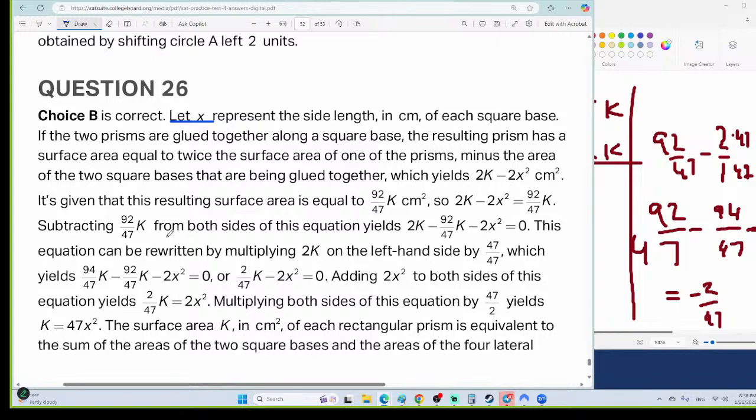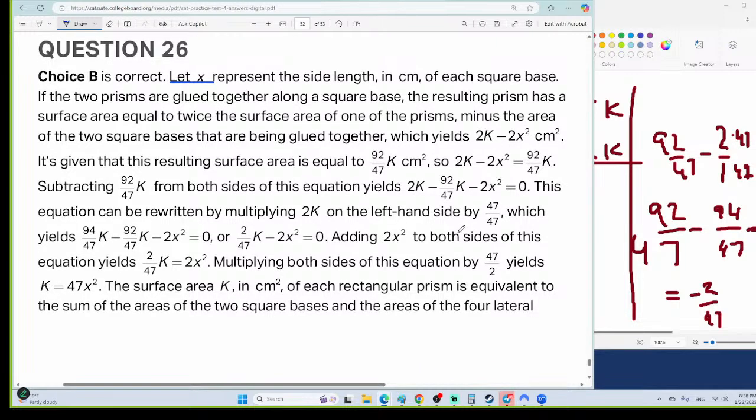It's given that the resulting surface area is equal to 92 over 47 k. Subtracting 92 over 47 k from both sides yields this. That's what I did.